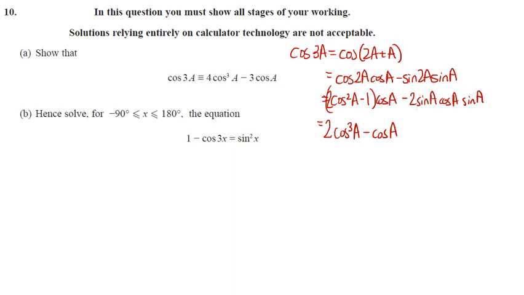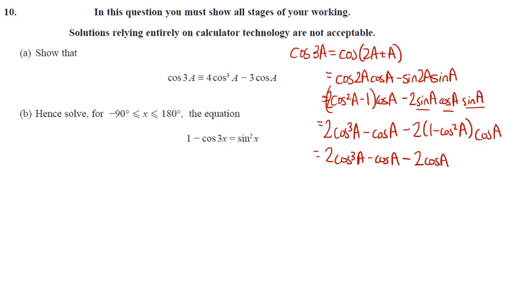In the second term I've got sine squared, so I'm going to replace that by 1 minus cos squared. And then I've got another cos a there as well. So multiply that one out as well. So I've got minus 2 times 1 times cos a, so minus 2 cos a.